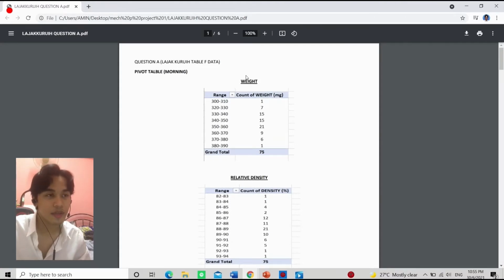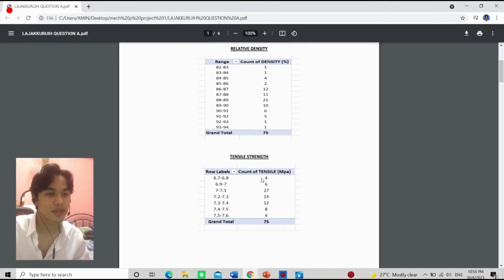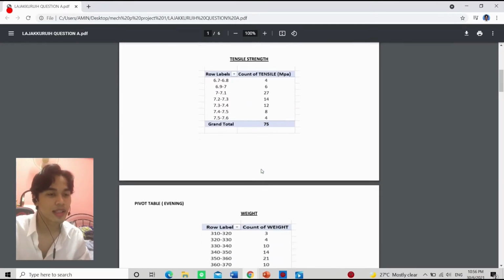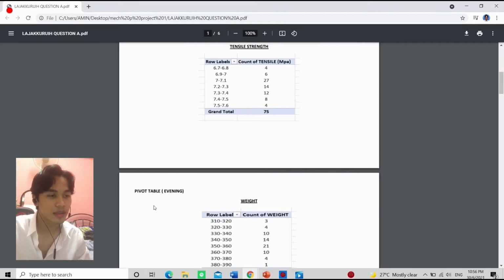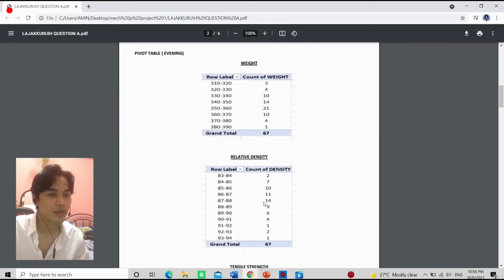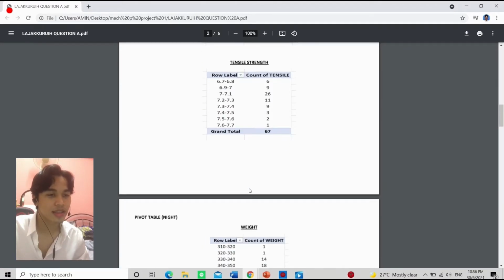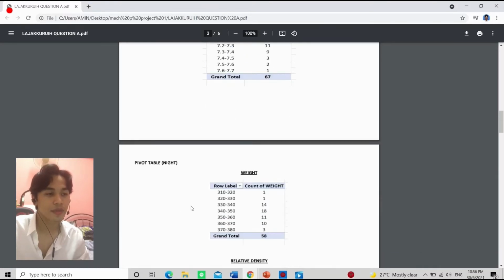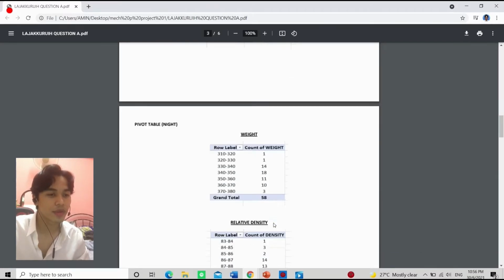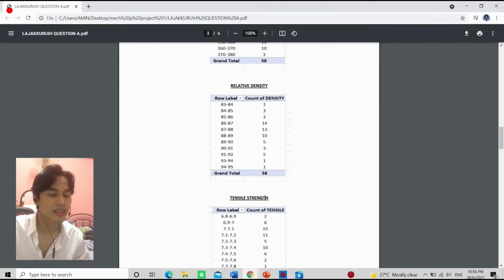Here we find the pivot table for morning, for weight, relative density and tensile strength. Next, for the pivot table for evening, we find weight, relative density and tensile strength. And lastly, for night, we find the weight, relative density and tensile strength.